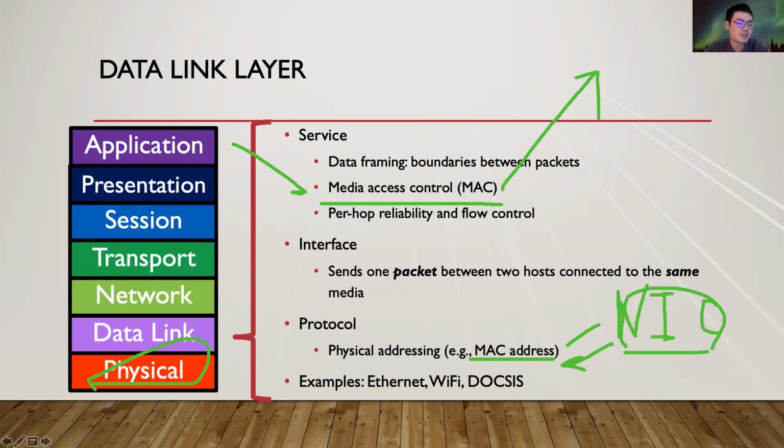You are not exposed to these things, especially for a laptop, right? But each device has a MAC address. Okay, you can use, for example, in Windows, ipconfig, right? And it will show all the interfaces, right? So each interface is a NIC, network interface card, and it has its IP address. Okay, in Linux or Mac, you use ifconfig.